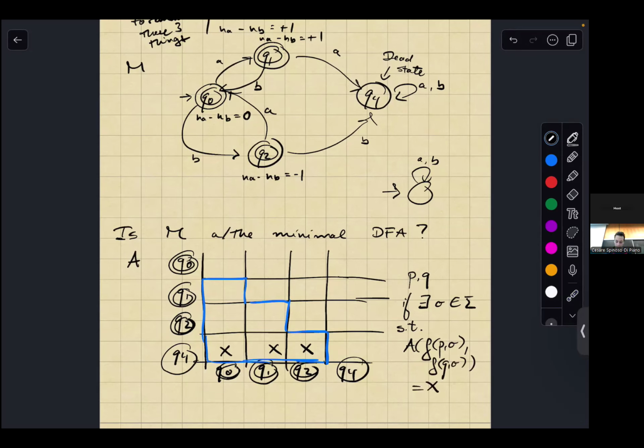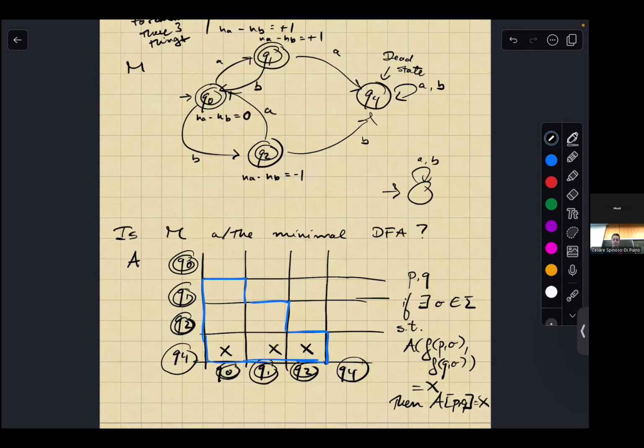Then the states themselves are distinguishable, and should be marked with an X. You can think of it as: if my final states and non-final states are distinguishable, and one state on reading an A goes to a final state while another goes to a non-final state, then those two can't be indistinguishable because they do two different things.